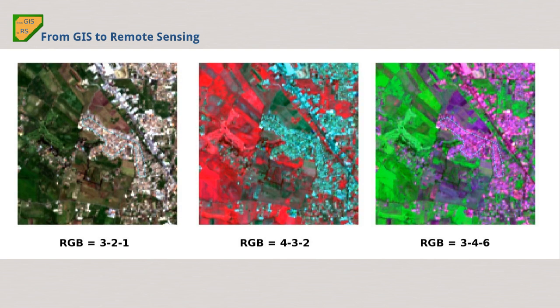We can also identify small buildings and narrow roads, which, as you can see, the pattern is different from large buildings.